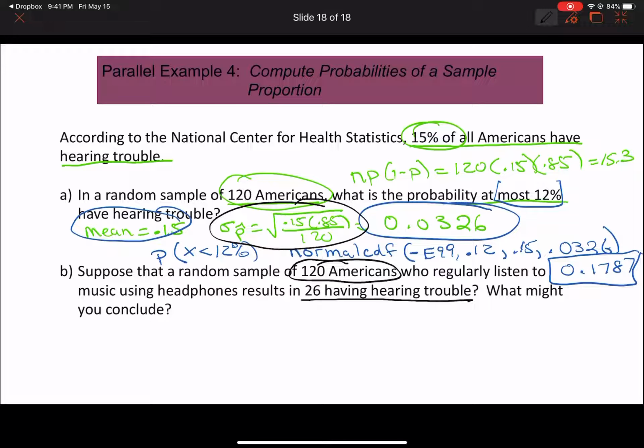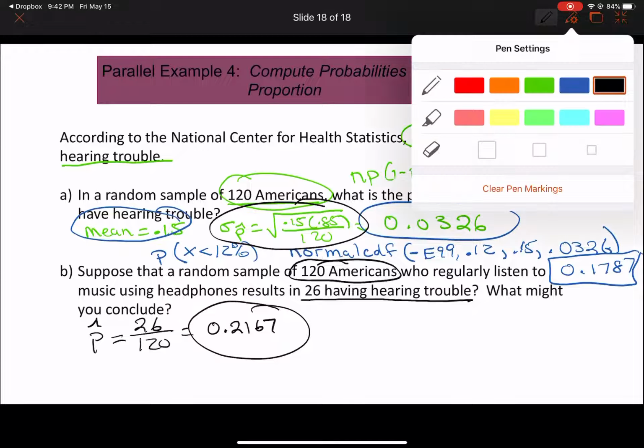All right, so I'm hoping you did that, hoping you calculated that. So what we're looking at is we need our p-hat. So our p-hat is 26 out of 120 had hearing trouble. So 26 divided by 120 is 0.2167. So this is what I got, approximately, for my p-hat.